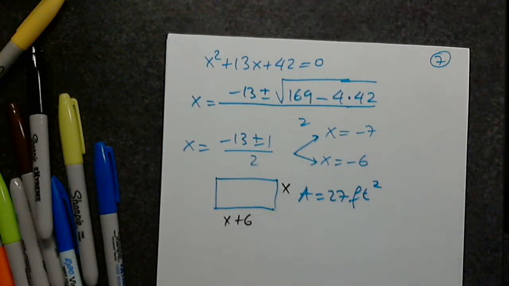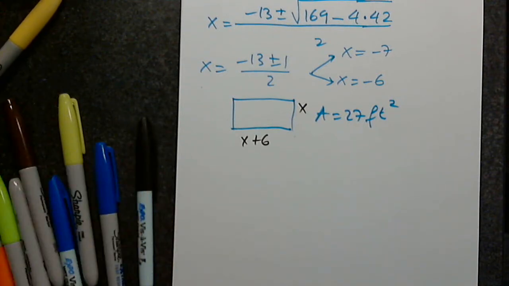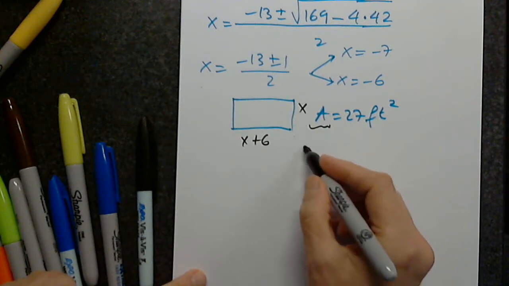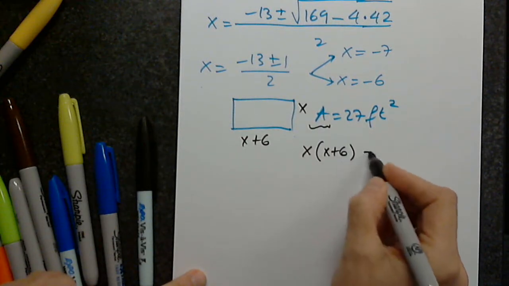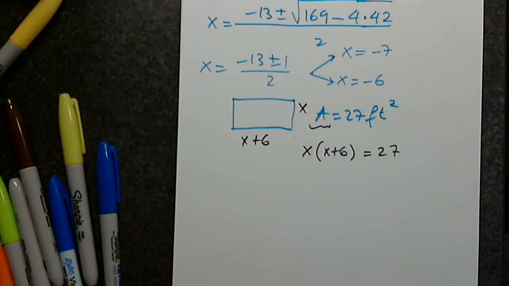How do I proceed? And what is the area of a rectangle? Very good. So then this is length times width equals 27. What type of equation is this, and how do I solve for x? That's the question now. I have to solve for x. Very good. And now I do have to move 27 because I'm not going to complete the square.